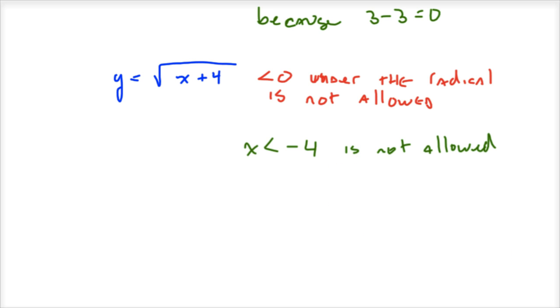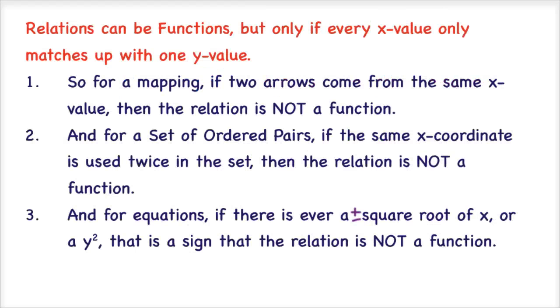So moving on from talking about the 3 different ways to represent a relation, now we want to figure out if the relations are functions or not. A relation is only a function if every x value only matches up with one y value. So in our 3 representations, for a mapping, if 2 arrows come from the same x, then that's not a function.